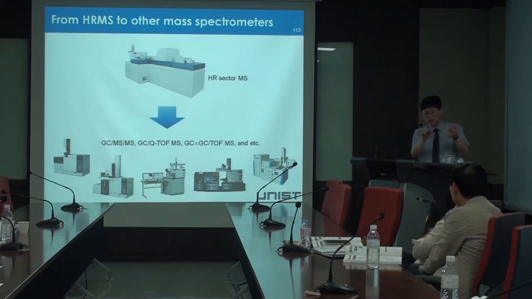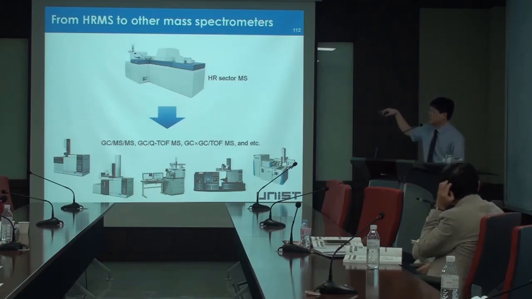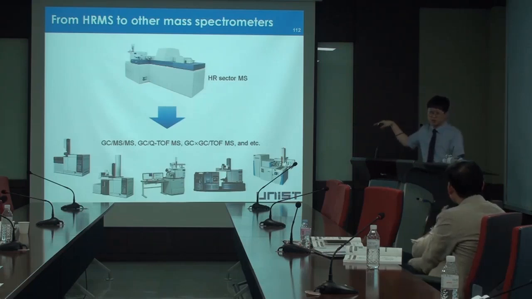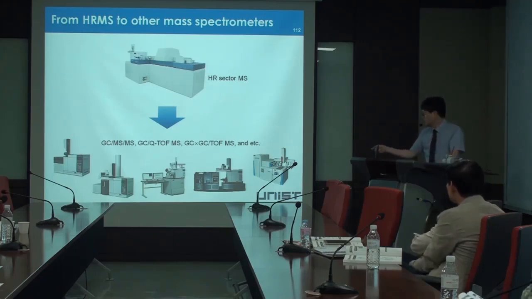There are two GC columns. The chromatogram is normally a one-dimensional chromatogram, but when you use this one, two-dimensional or three-dimensional chromatograms are possible. Okay, and so on. So this is a new instrument.